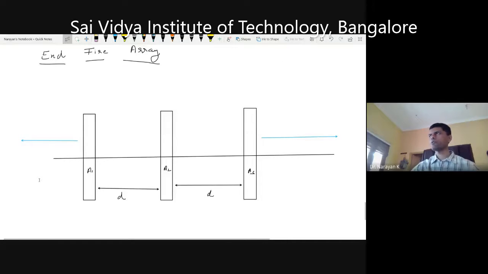This will be your direction of maximum radiation.